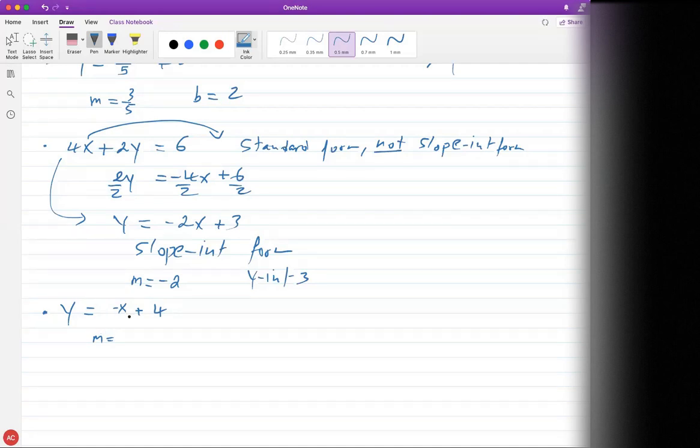In other words, what number is next to the x, to the left? What is the coefficient of x? What number is multiplied by x here? There's an invisible -1 next to the x.